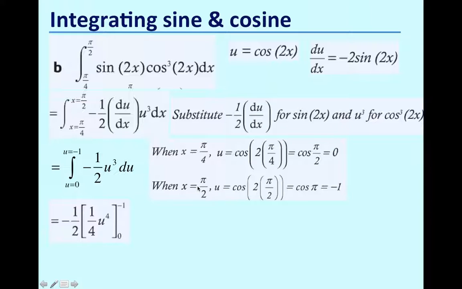And similarly, when x equals pi by 2, I'm going to end up with cos pi equals negative 1. So I substitute in for those two values, and I end up with the value of negative 1 over 8.